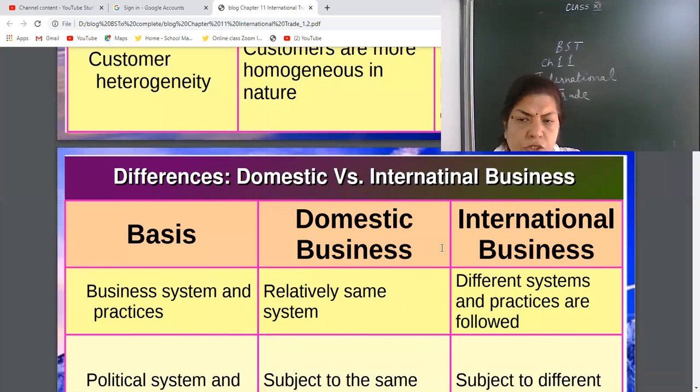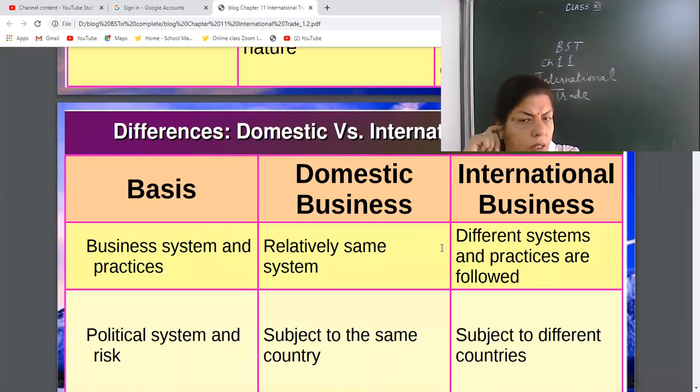Then business system and practices. In domestic business, the business systems are the same. In international business, they follow different practices, different systems, different technology, different styles of doing business. Even their terms and conditions may be different.